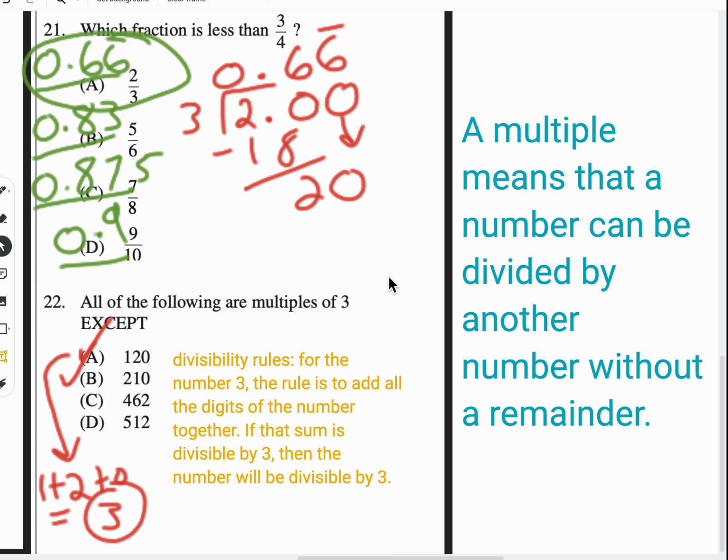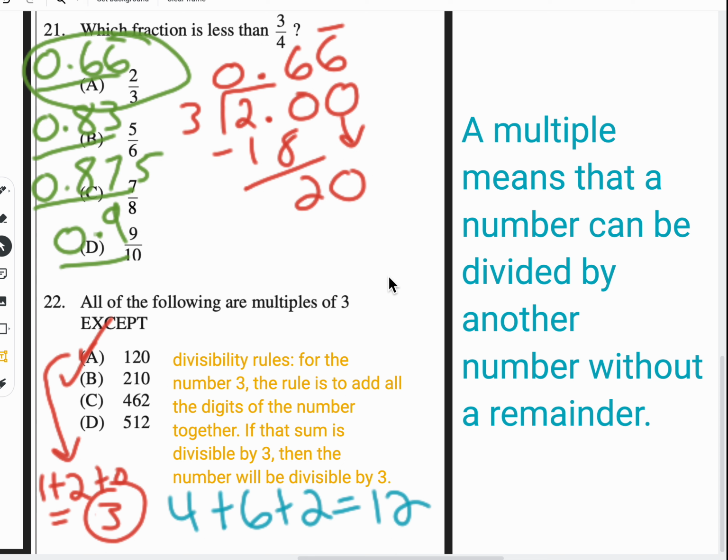For C, we'll add 4 plus 6 plus 2. This will give us 12. Since 12 is divisible by 3, 462 also is a multiple of 3.